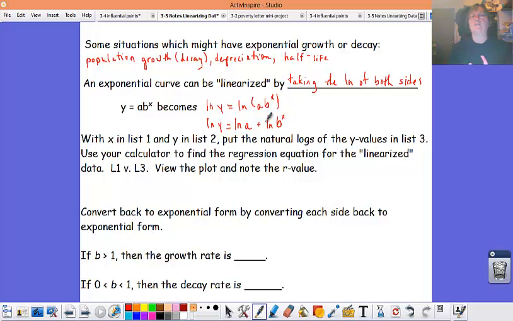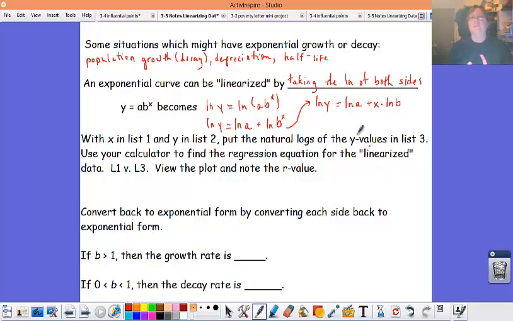But we can go farther than that. You'll remember that the power rule says you can bring that x down in front. And here's our final result. The natural log of y will equal the natural log of a plus x times the natural log of b.